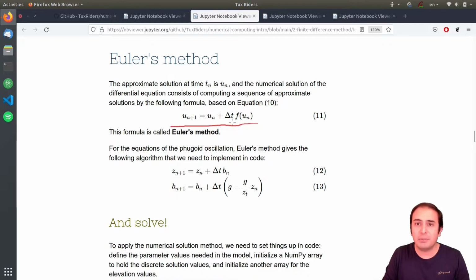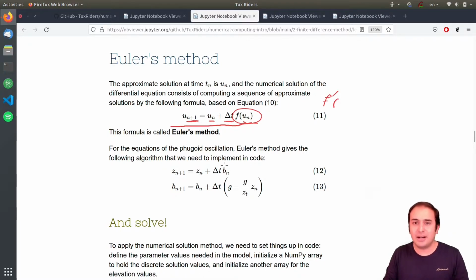This is the same formulation. The value of u in the next time step, n plus 1, equals the value of u in the previous time step plus the step multiplied by f, the value that was in the previous time, it was the derivative of f, but it can be anything.